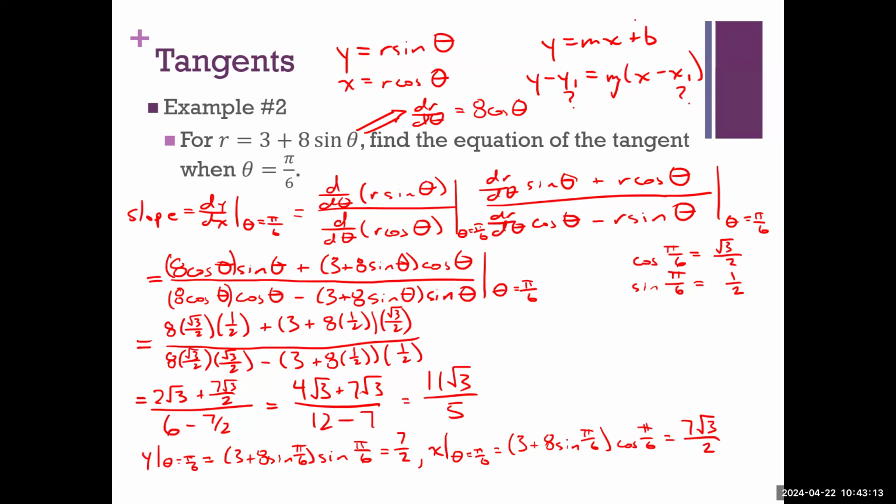Okay, so got my slope first. Now we got a y value and an x value for a point that goes with it. So can we write down our final equation now? Y minus 7/2 equals m, which was 11 radical 3/5, times x minus 7 radical 3/2.